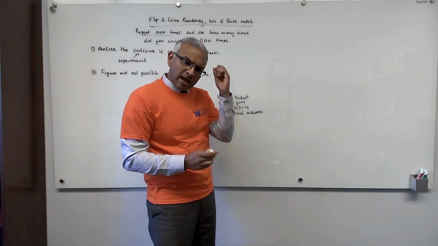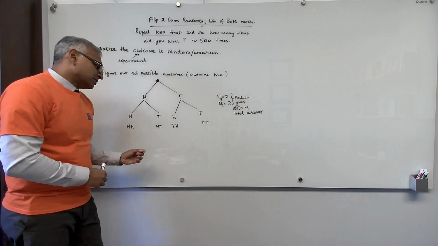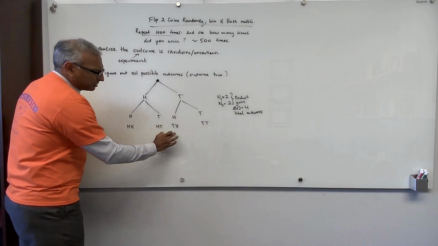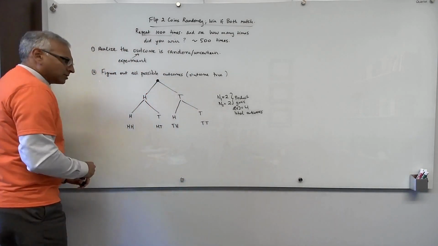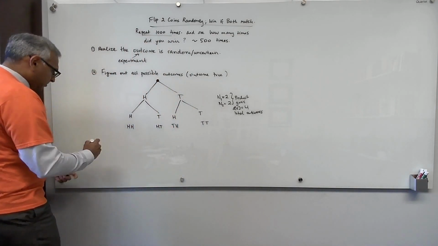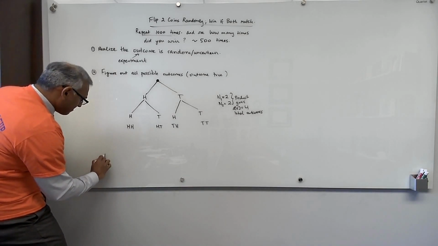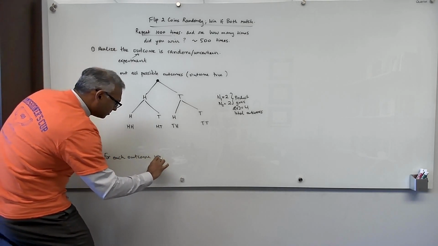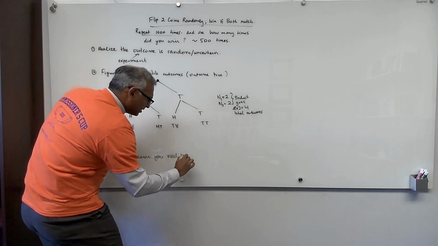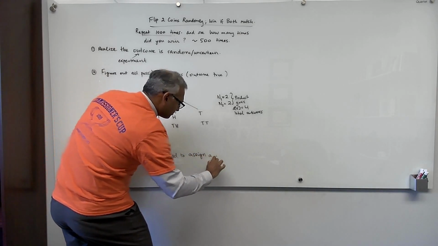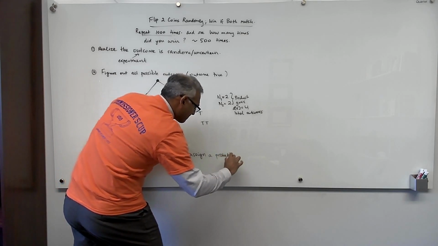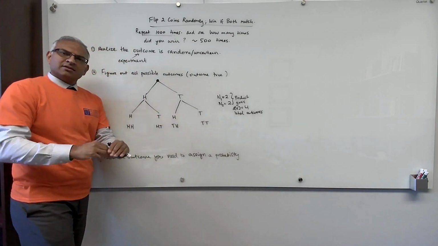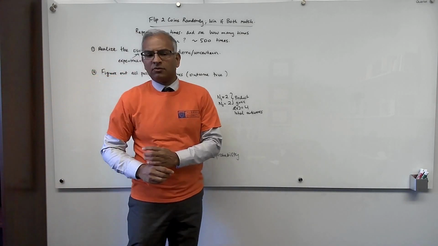Now, when we talk about probability and sets, what we will say is that for each outcome, you need to assign a probability. Once you have assigned probabilities for these outcomes, that's all that matters, and we can run the machinery of probability theory.